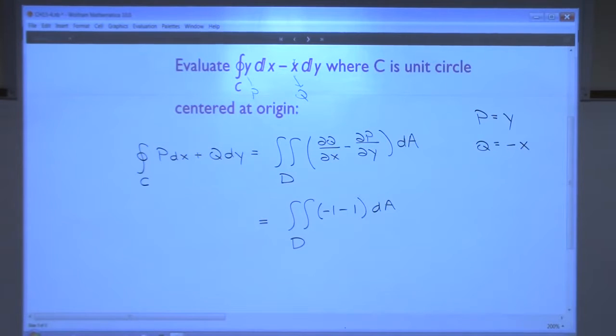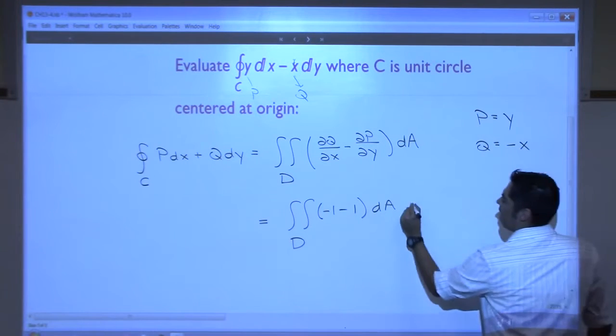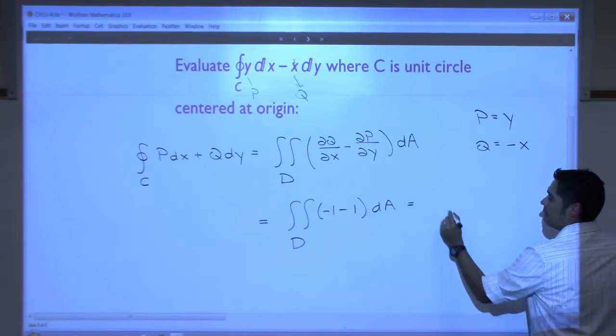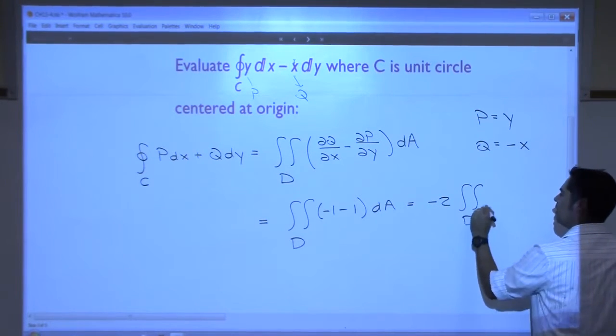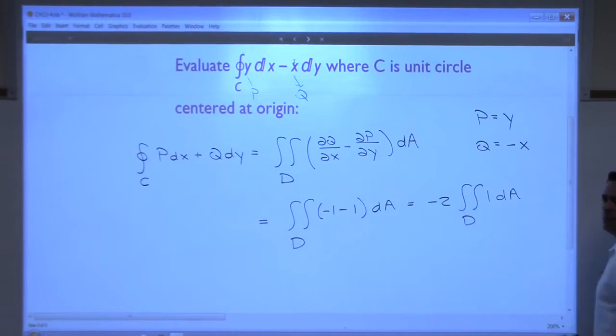You all good? Which is negative 2 double integral over D of 1 dA, right? You okay with this? Anybody know what that is?